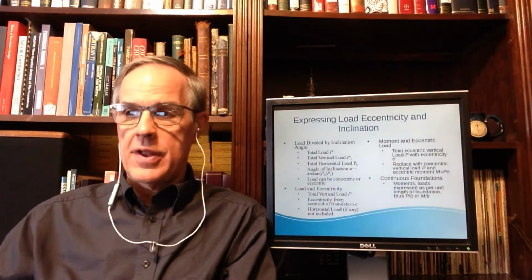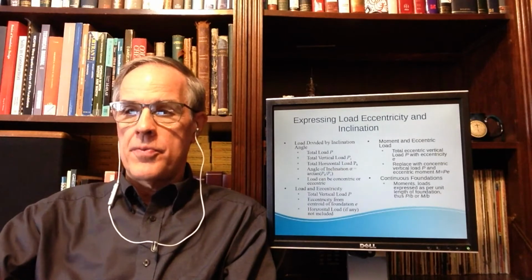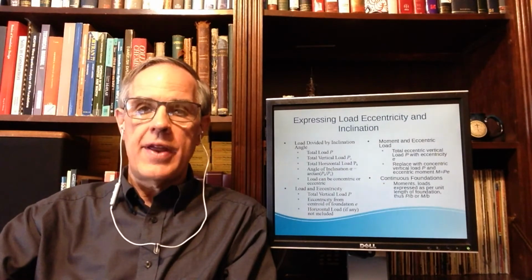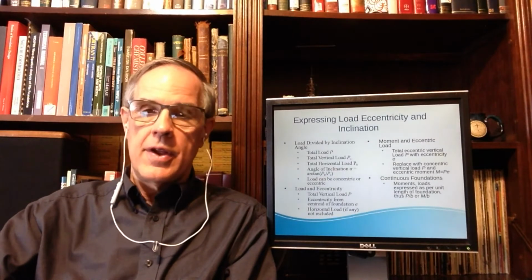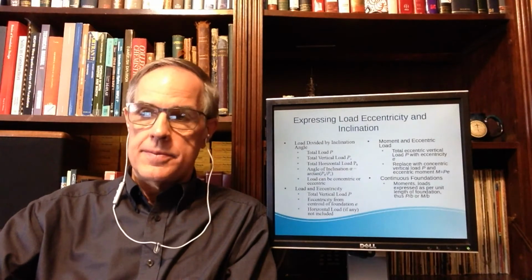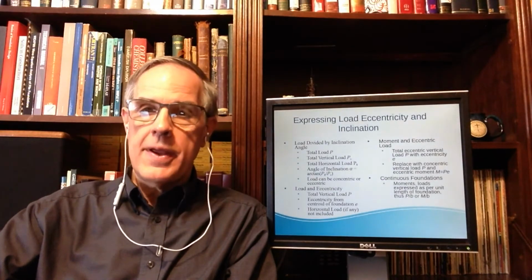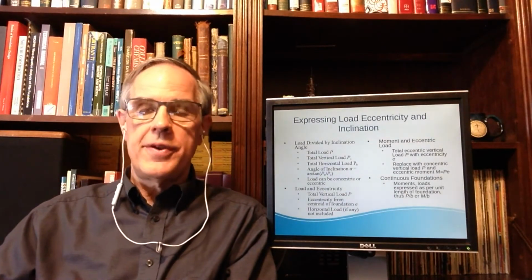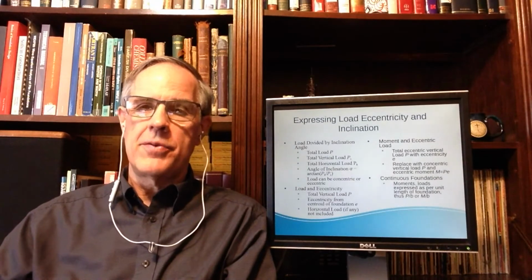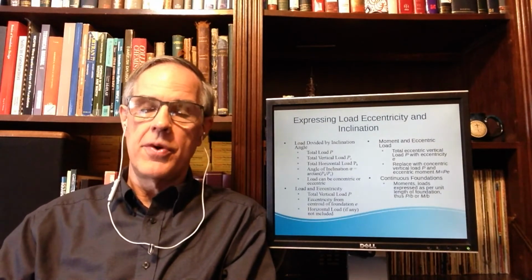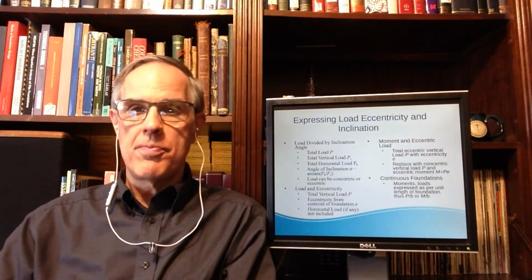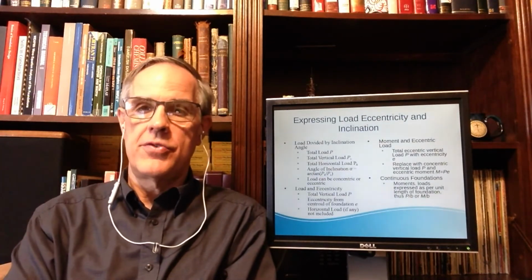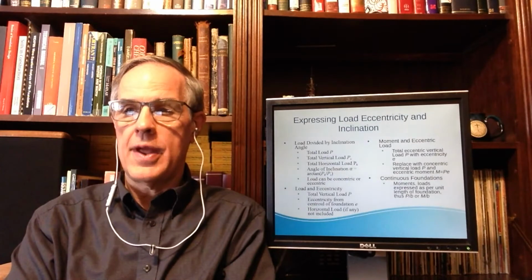So a total eccentric vertical load has two components: load P and eccentricity e. Generally speaking, it makes it simpler to get rid of your moments, as I just said before, and replace those moments with load and eccentricity. And that's how we do that.